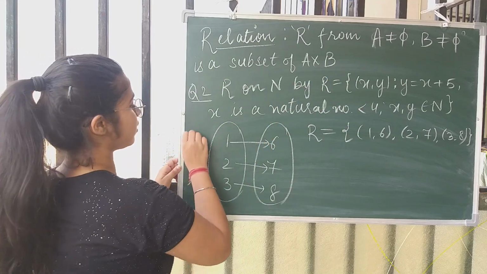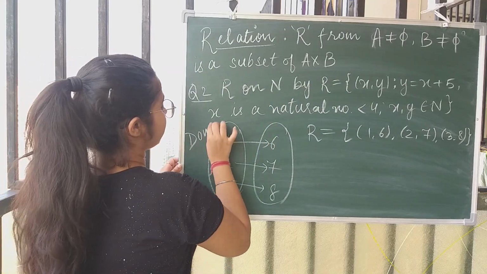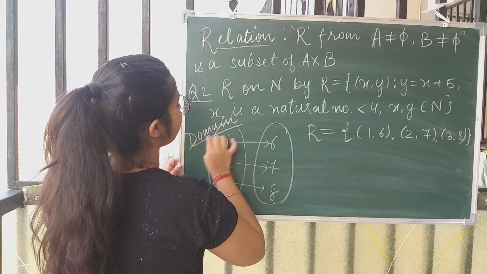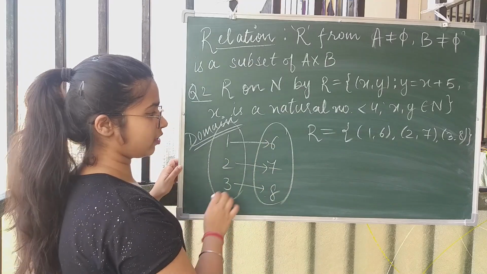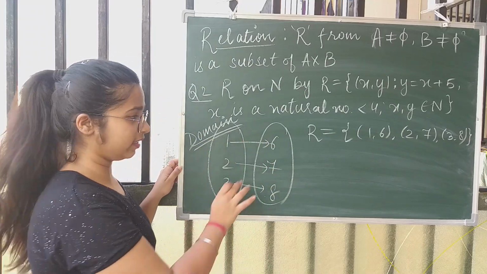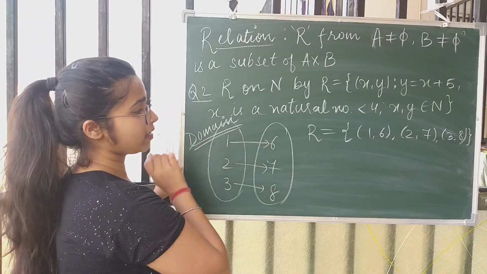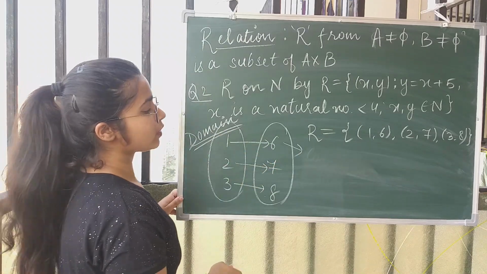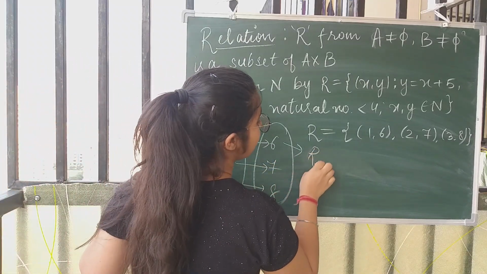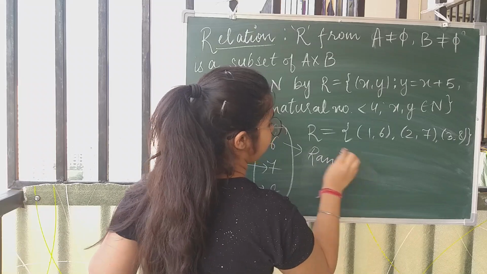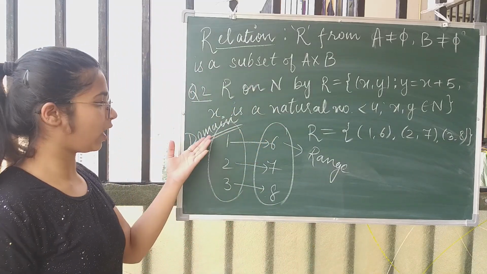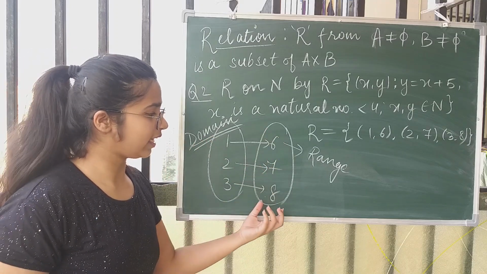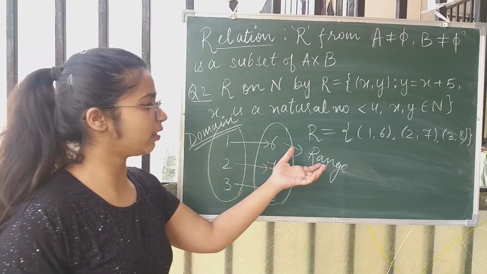Now see, जितने भी ये elements होते हैं जो हमारे x's की जगह पर है, those elements are known as the domain. The set of those elements forms the domain, right? And all of these elements जिन पे x mapped है, this is known as a mapping, those elements form a set which is known as the range. So basically जितने भी ये elements होंगे इनका set होगा domain set, और जो ये elements होंगे इनका set होगा the range set.